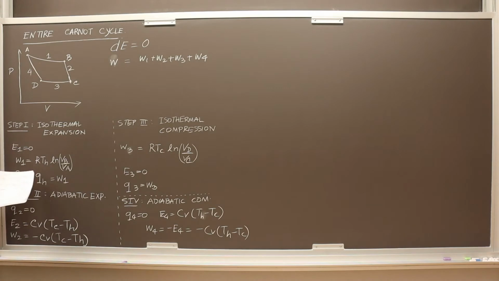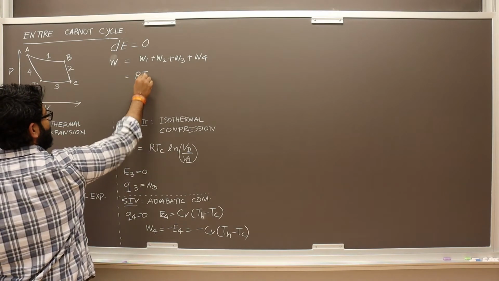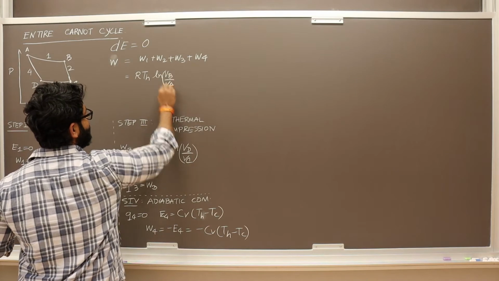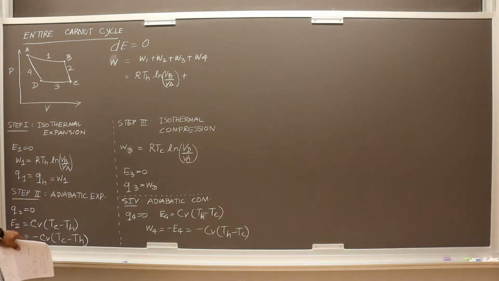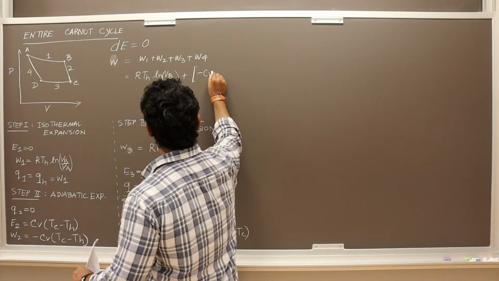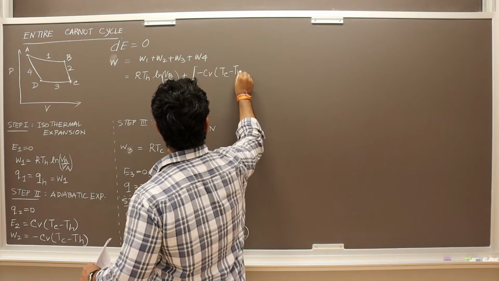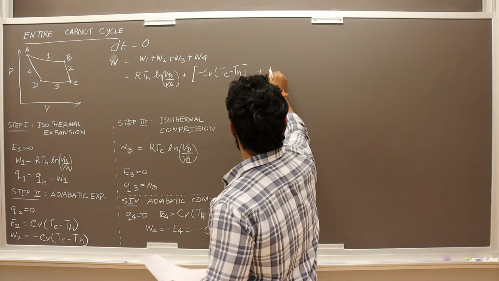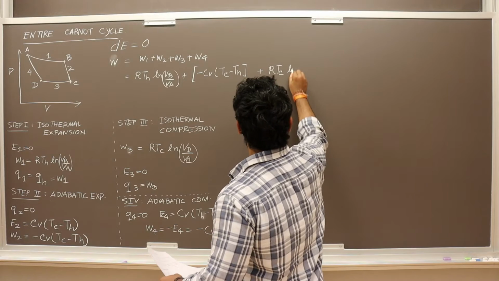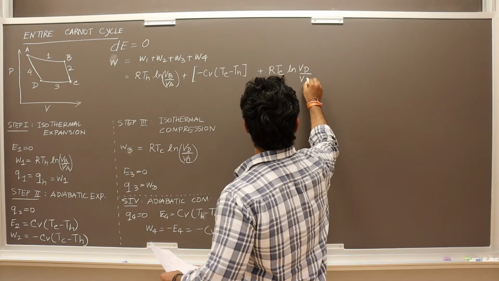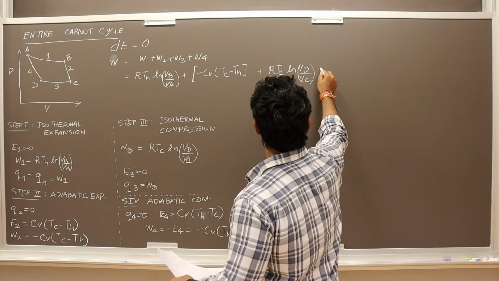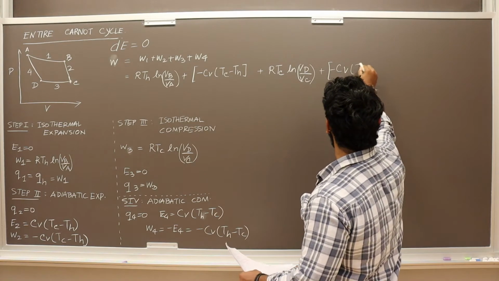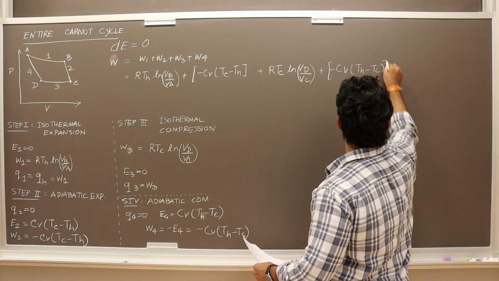Let's take W1, which is R TH ln(VB by VA), plus W2, which is minus CV (TC minus TH), plus W3, which is R TC ln(VD by VC), plus W4, which is minus CV (TH minus TC).